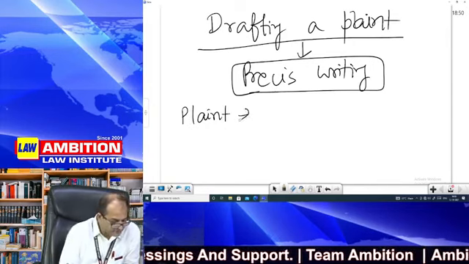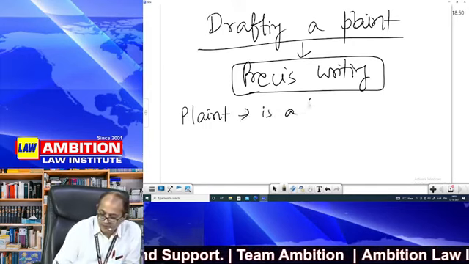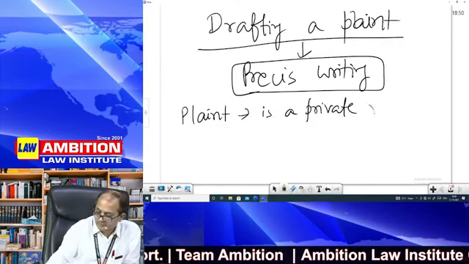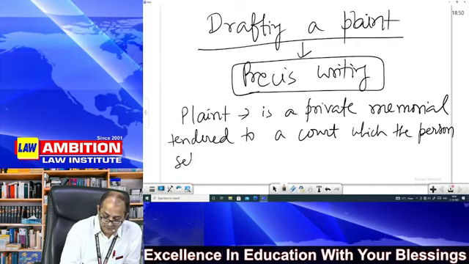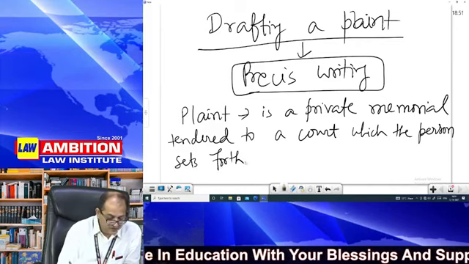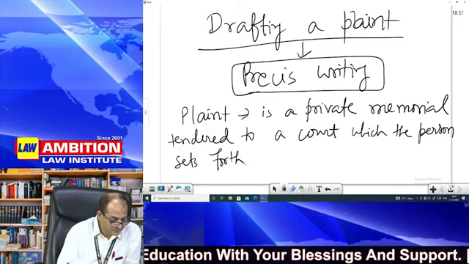You can also note down. Plaint is a private memorial tendered to a court where the person sets forth his cause of action.